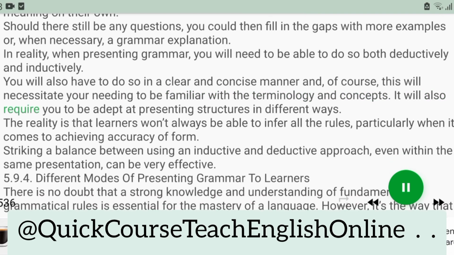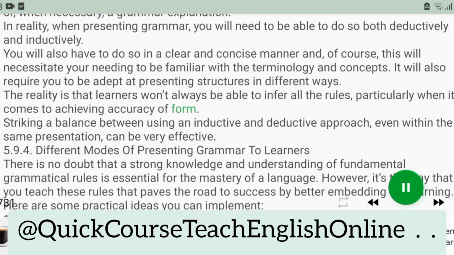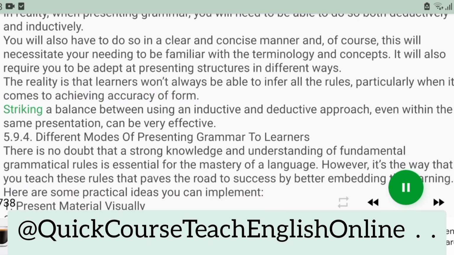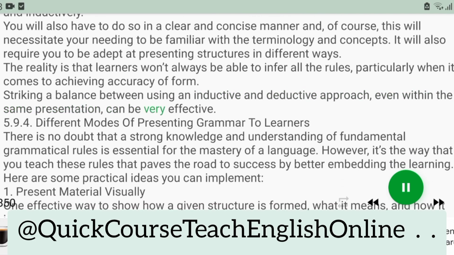It will also require you to be adept at presenting structures in different ways. The reality is that learners won't always be able to infer all the rules, particularly when it comes to achieving accuracy of form. Striking a balance between using an inductive and deductive approach, even within the same presentation, can be very effective.